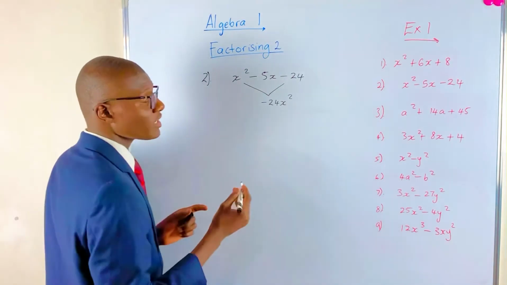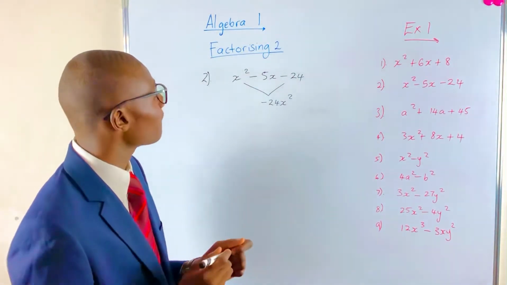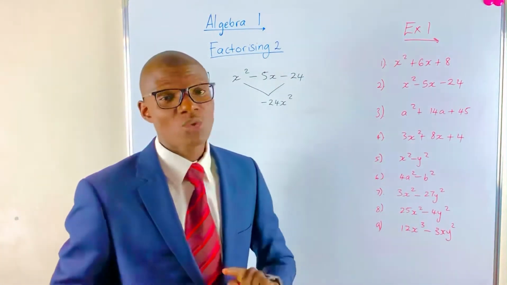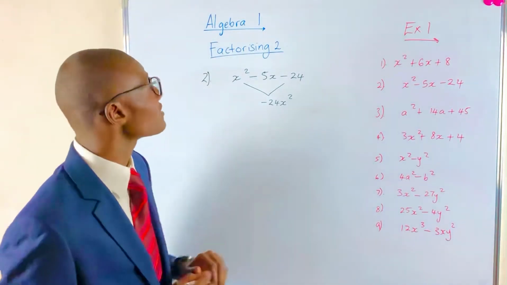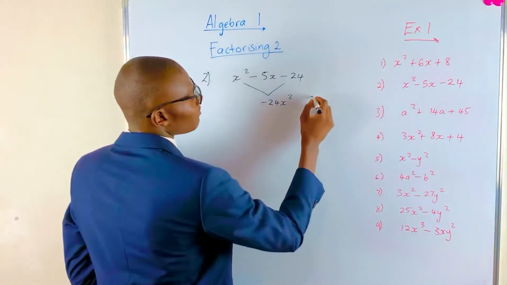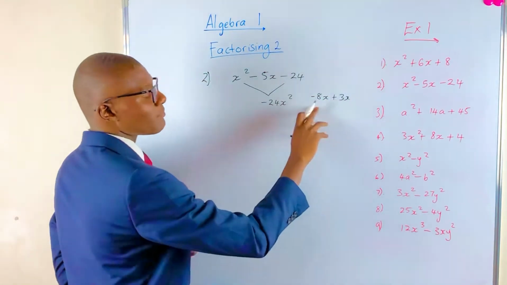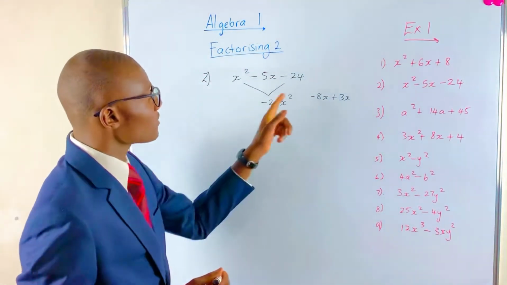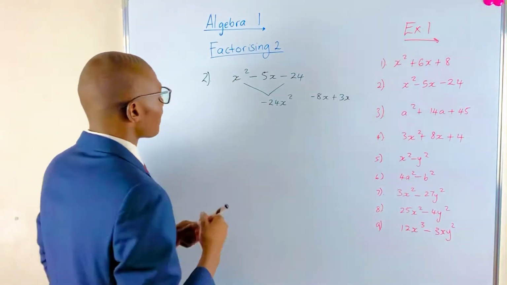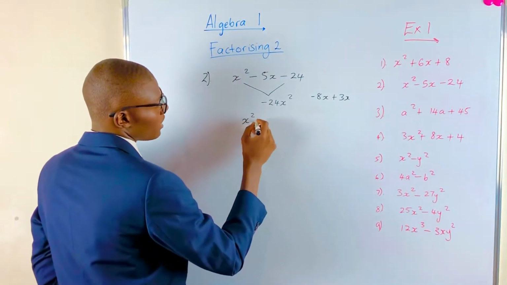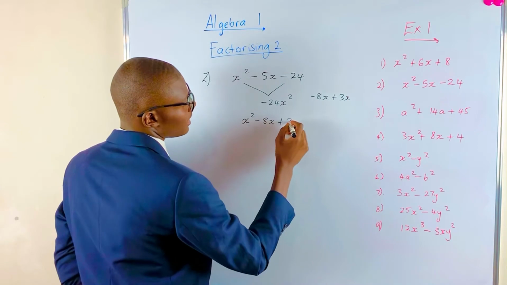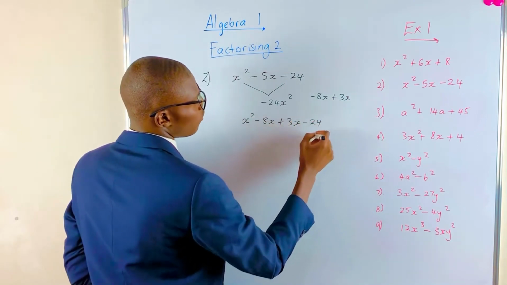Then these two factors that we want, when we multiply them, they give us minus 24x squared. And when we add them, they give us minus 5x. We've got minus 8x plus 3x. So these two factors are minus 8x and 3x. So we substitute this in place of the minus 5x. So x squared minus 8x plus 3x minus 24.